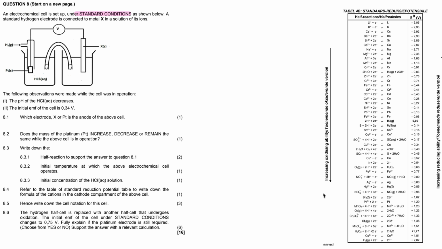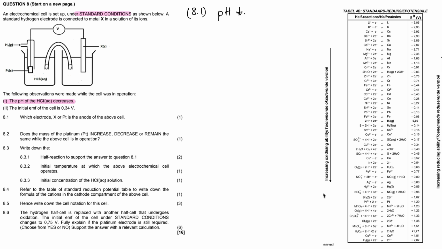Question 8.1. Which electrode, X or Pt, is the anode of the cell? There's a few ways we could do this. Let's take a look at the pH method. So if we examine this first point, they tell us that the pH is decreasing.